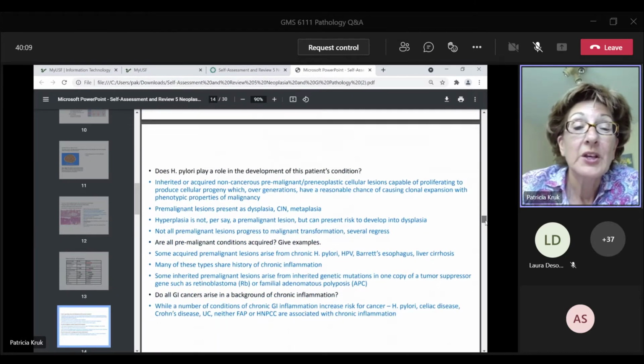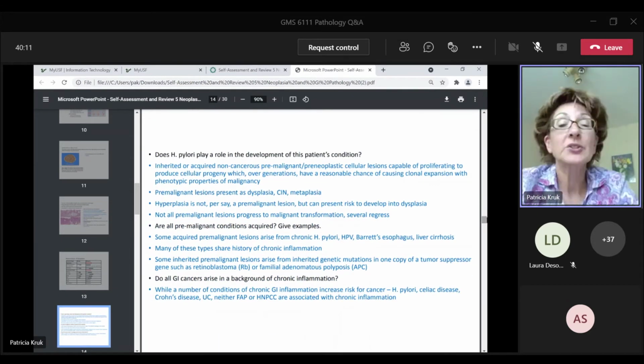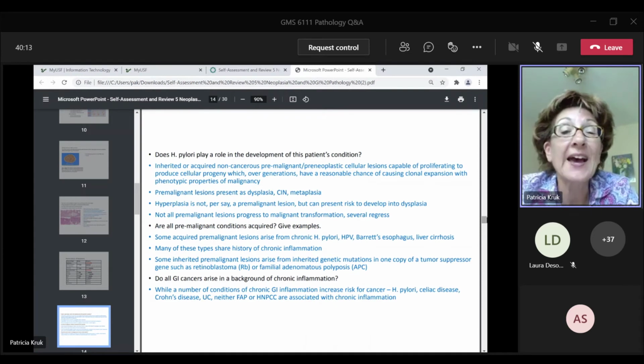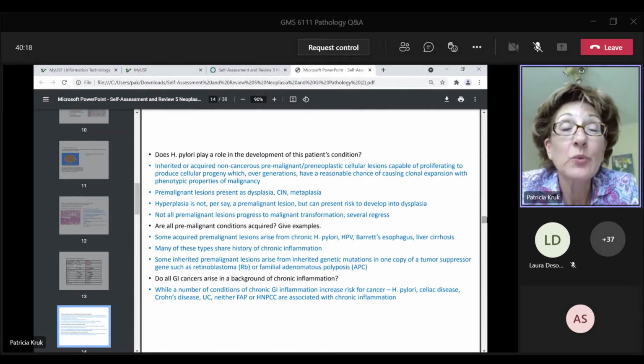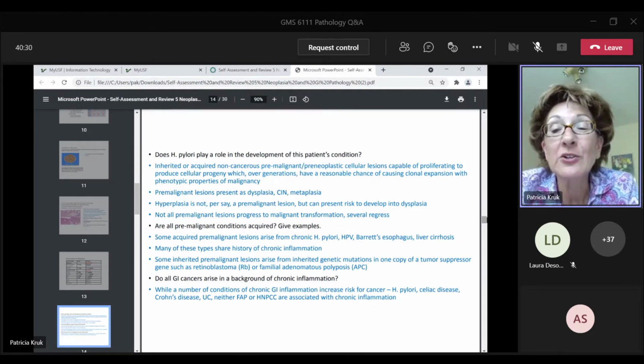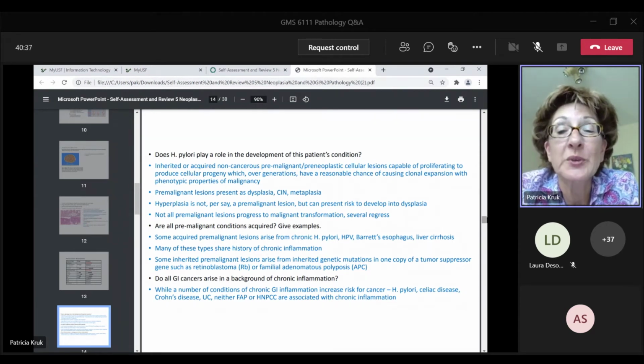Okay. So some of the other things we get to when we're looking at cancers: the patient had a history of H. pylori. Was there any role possibly in the development of this patient's cancer? Yes, we have a number of what we call pre-malignant or pre-neoplastic conditions, lesions, disorders, syndromes that can increase your risk of the damage that occurs to cells undergoing malignant transformation.